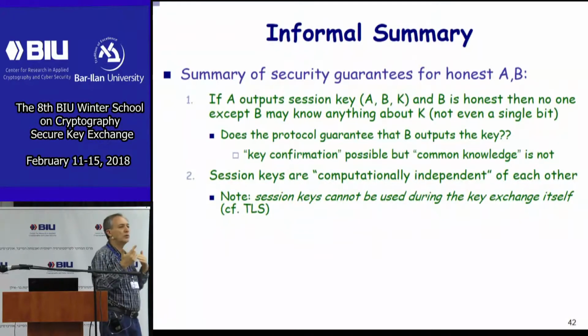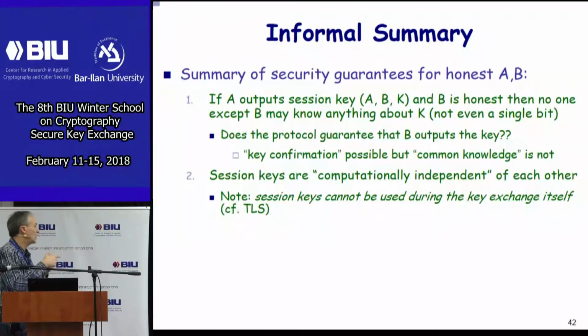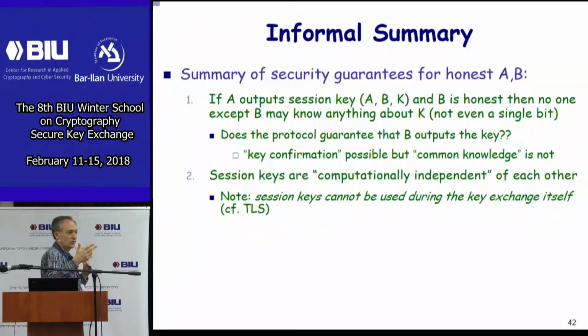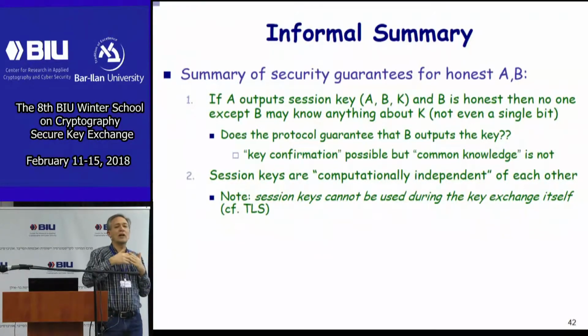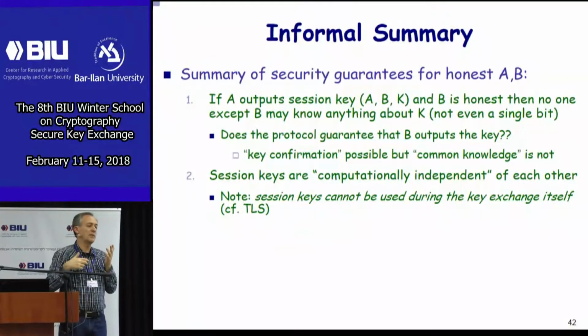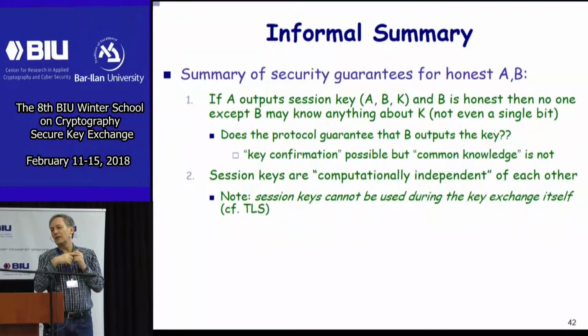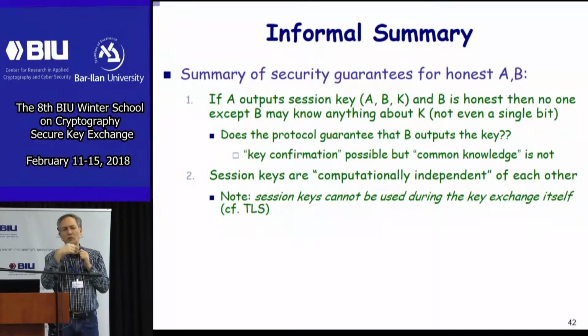That you can always do, but you can never achieve common knowledge. I mean, Alice can know that Bob output the same key, and Bob can know that Alice output the same key, but you can never know that each one knew, this notion of common knowledge. So Alice may know that Bob exchanged the same key, but Bob doesn't know if Alice knows.